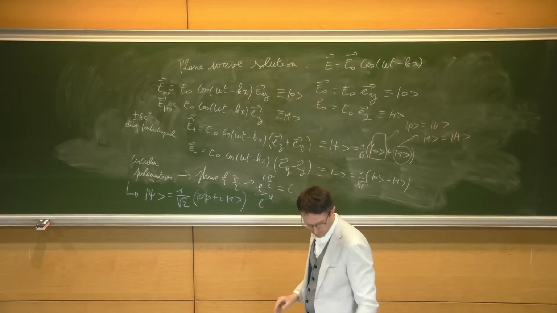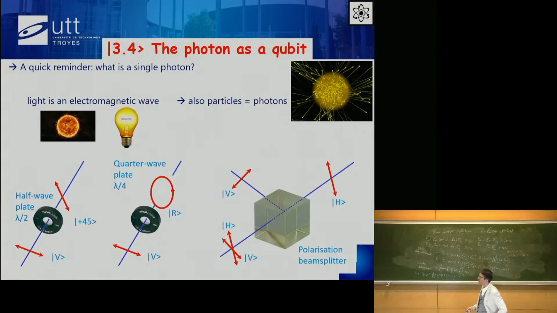Then it's very easy, because all we need now is a single photon. We want to encode the polarization state of a single photon in order to have our qubit, because we know the polarization state can be used as a qubit. And luckily, quantum mechanics tells you that light is a wave, but it's also made of particles.